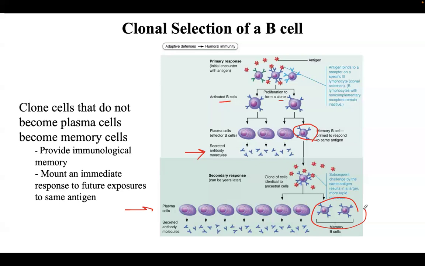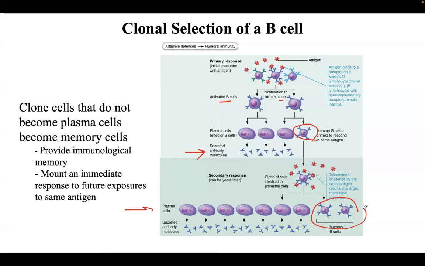Something happened today, 5 years later you encounter the same antigen, and those memory cells will remember what to do. If you encounter it 15 years later again, you will have some form of defense against it. This is called clonal selection of a B cell. So they do have memory, and the effector cell is the plasma cell. The memory cell does not produce the antibody. Then which cell produces?